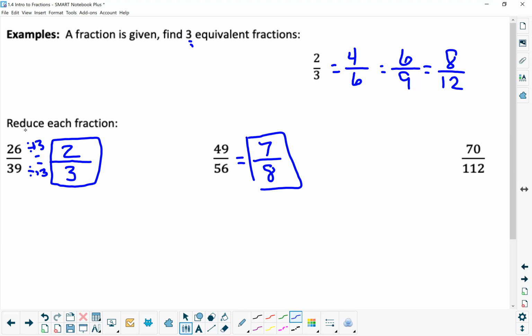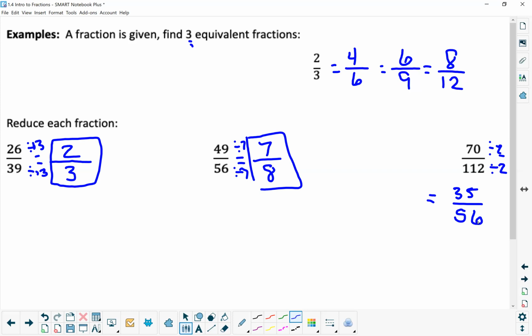70 over 112. I notice they're both even, so that's where I'm going to start. And I'm going to divide by 2. 70 divided by 2, that's 35. 112 divided by 2 is 56.